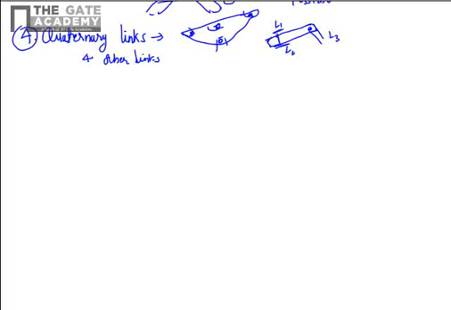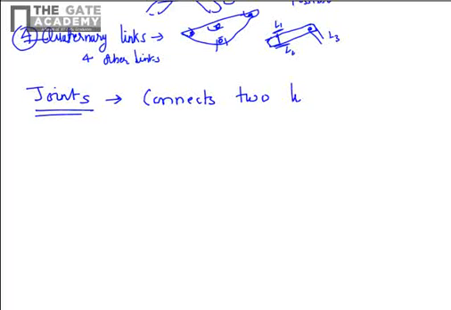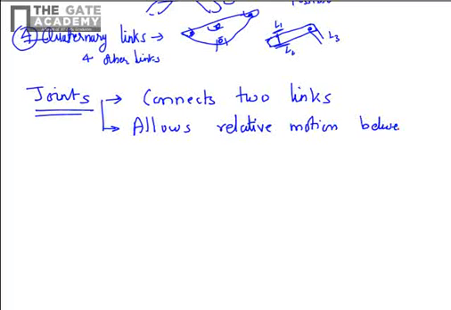So after this, we will come to the next building block of the mechanism, that is joints. The basic definition of a joint is that it connects two links and it allows relative motion between two links.